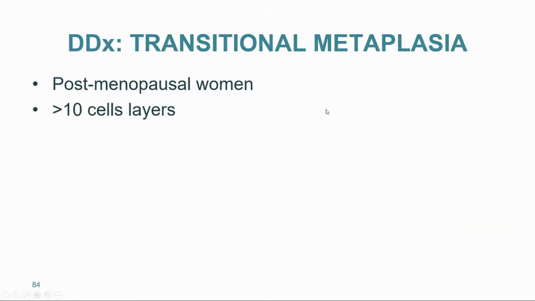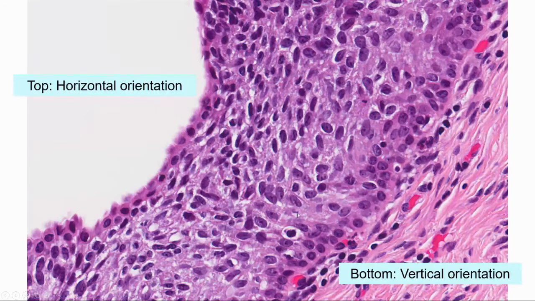Transitional metaplasia is a part of the spectrum of squamous atrophy to some people because it's typical of postmenopausal women. Unlike conventional squamous atrophy, transitional metaplasia tends to be thicker, and it features characteristics that we associate with urothelial or transitional type epithelium, with vertical orientation of the nuclei towards the lower layers and horizontal orientation of the nuclei in superficial layers.